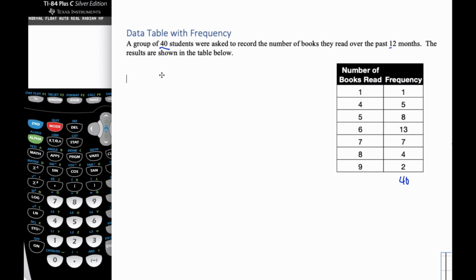If I'm going to do the 5-number summary, I need to order the list from the smallest to the biggest. I have to do that. And so what that would mean is I would have one book of 1. How many people read 4 books? Well, 5 of them. So it would be 1, 2, 3, 4, 5 fours.